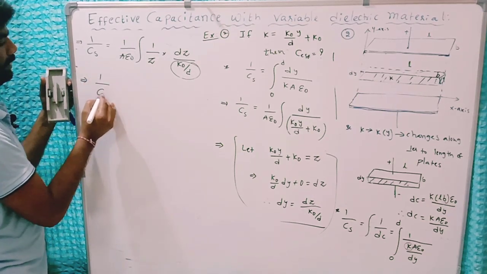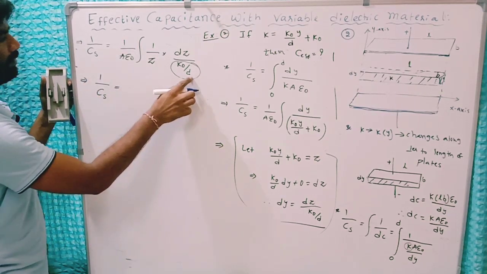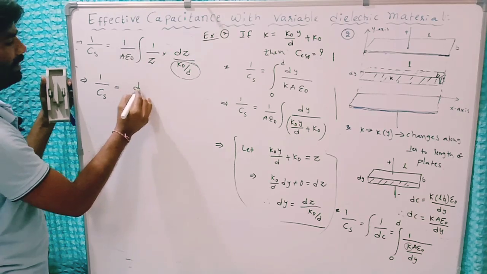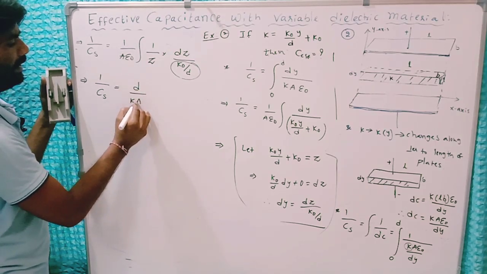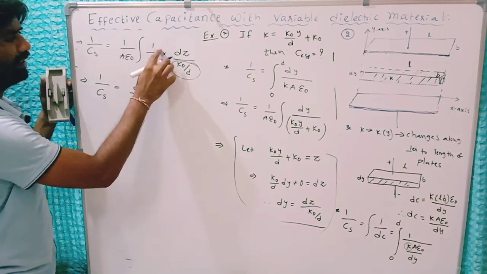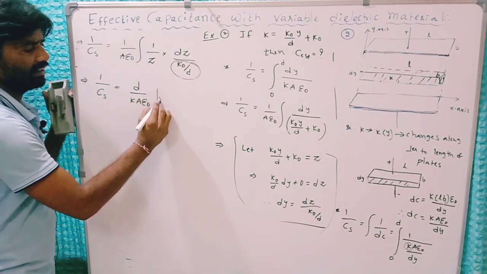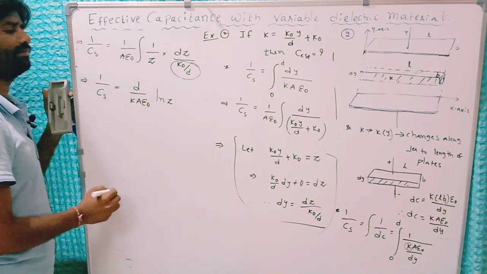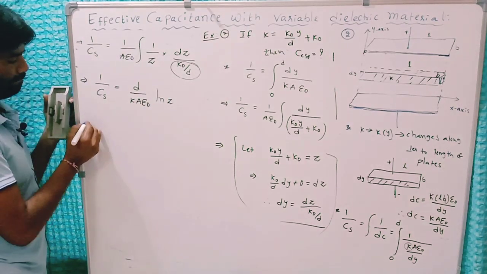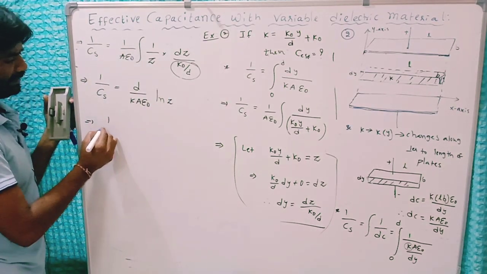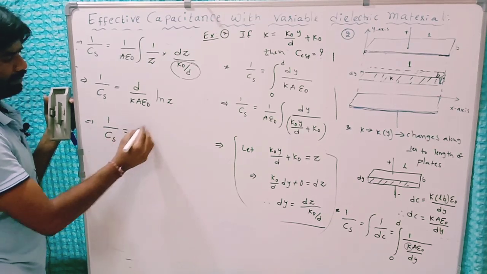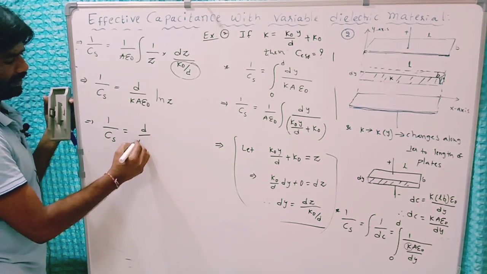The equation becomes d by K A epsilon naught, and the integration of 1 by z dz is ln z. Clear? Now 1 by Cs equals d by A K A epsilon naught times ln z.